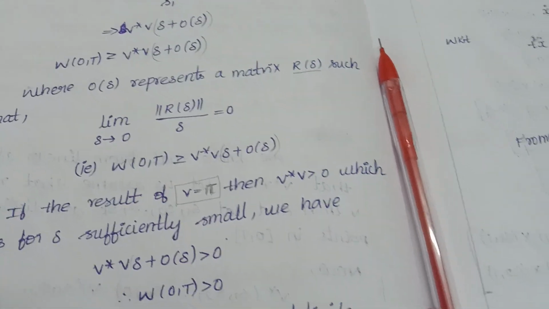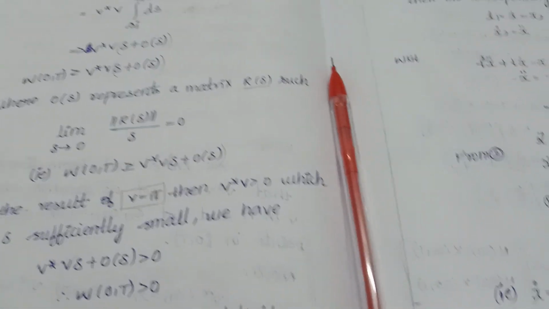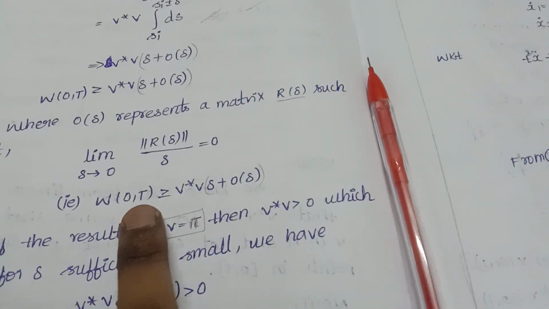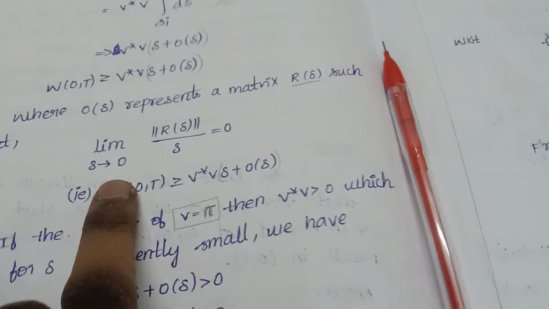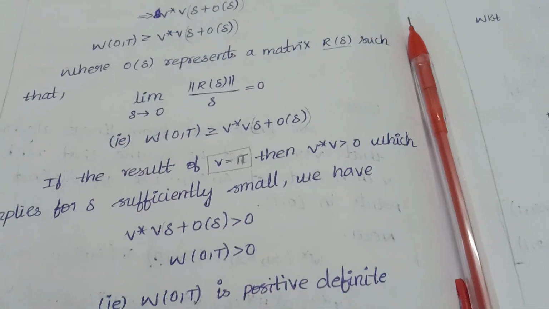And since W(0, T) is greater than or equal to this term, W(0, T) is also greater than 0.